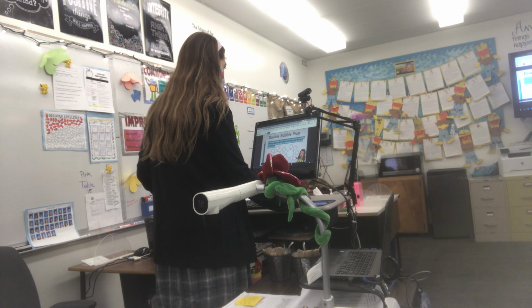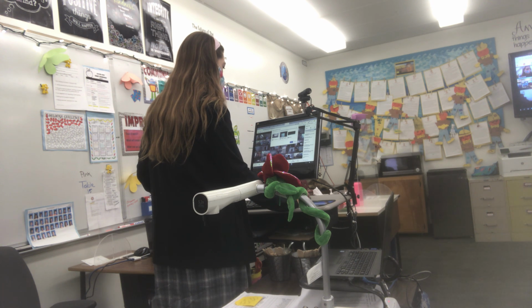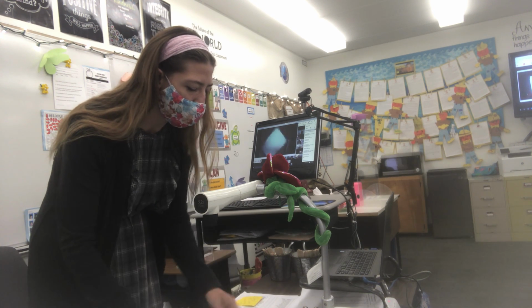I'm going to stop presenting this for a moment, and I'm going to present my notebook. So I just decided to turn my notebook to the side so I would have full view of all my paper, not have to squish it this way.